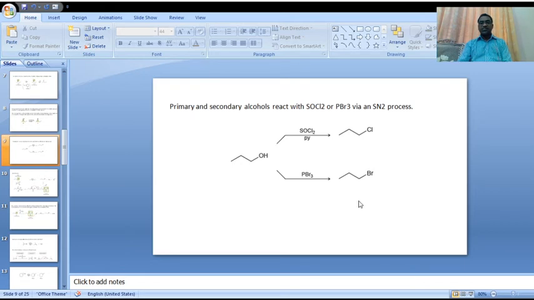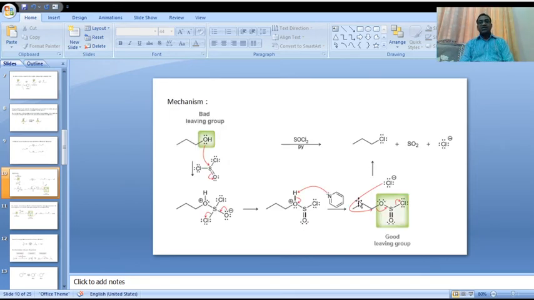SN2 mechanism. Okay. Now we'll observe the actual mechanism part. Primary alcohol on reaction with thionyl chloride in the presence of pyridine. Same starting material, primary alcohol. The OH functional group is a bad leaving group. After reaction with thionyl chloride, it becomes a good leaving group.